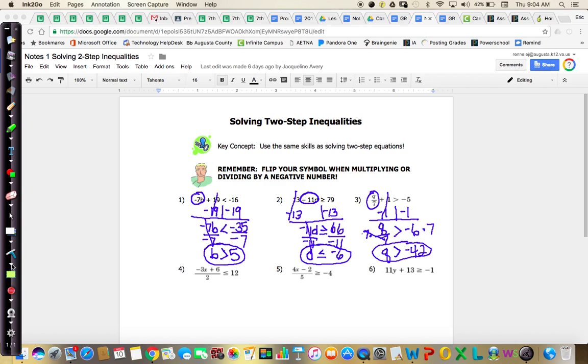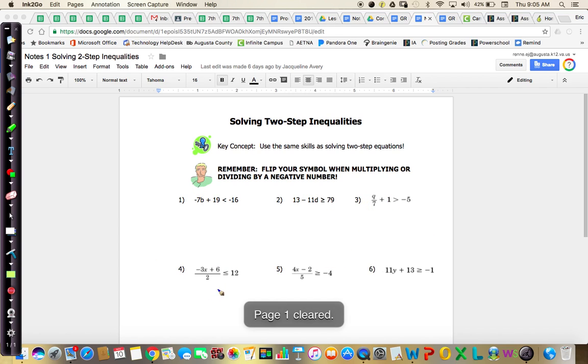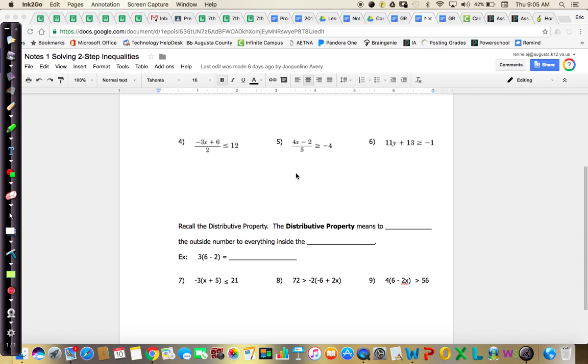Okay, now moving right along, we're going to look at example number 4. Now we did these examples when we did two-step equations, and we called 4 and 5 a special case because you have to do something a little bit differently.